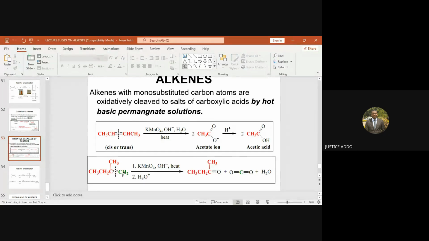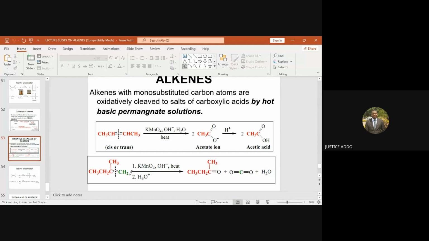And of course, if the fragment breaks, you see the side here labeled green, because the carbon does not have any alkyl group on it. It's just two hydrogens. That side will always give you carbon dioxide. So usually terminal alkenes after exhaustive oxidation always lead to the evolution of what?